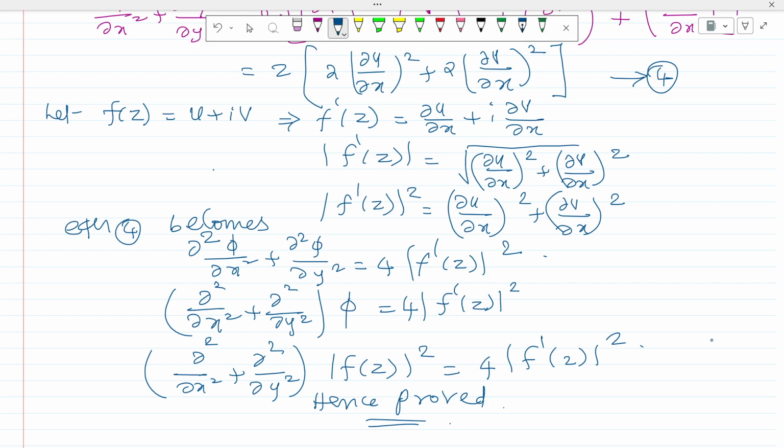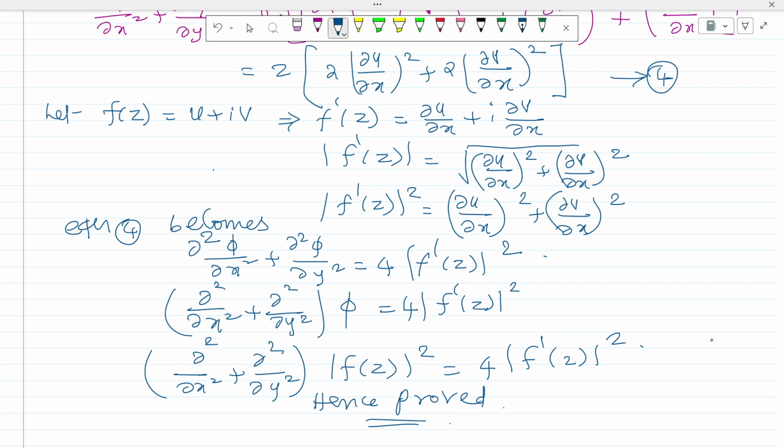So then we have discussed one important topic, the Milne-Thomson method. We have done two problems based on that method.